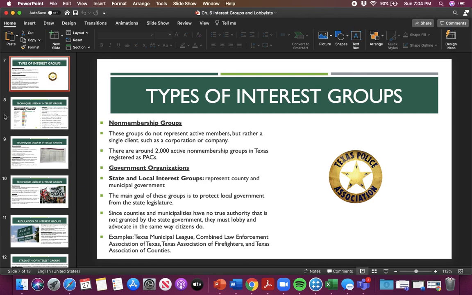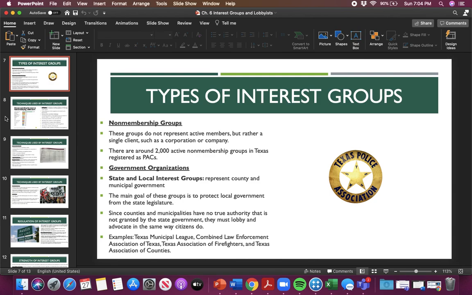The police association advocates for tougher criminal justice punishment. They are not in favor of criminal justice reform. So they are heavily criticized for the amount of influence they have, more so sometimes than the people, about issues surrounding criminal justice. Other ones include Texas Municipal League.